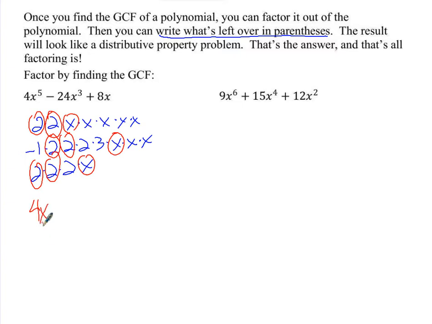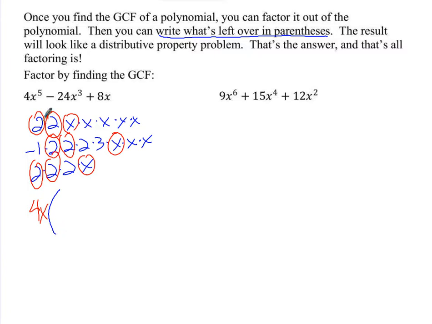Now that's normally, in the past, those last problems that we're working on, that's where we would stop. But we're not going to stop here. This says factor by finding the GCF. Well, we found the GCF. Now, in my little words up here, I said you can write what's left over in the parentheses behind it. So now I'm going to put parentheses here, and I'm going to say 4x times what's left over from each term.